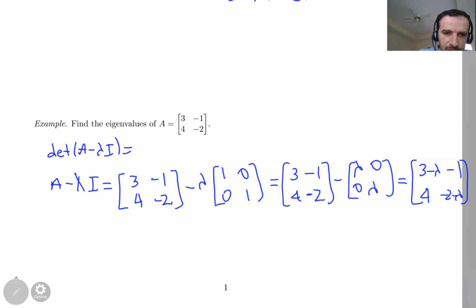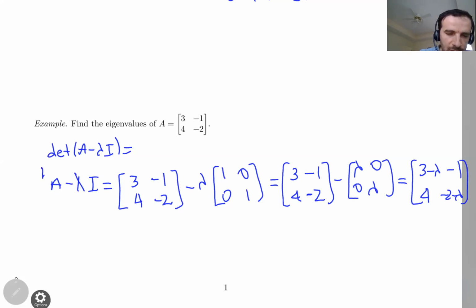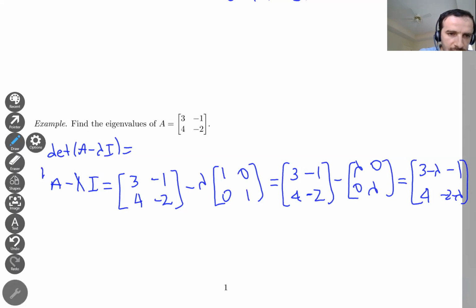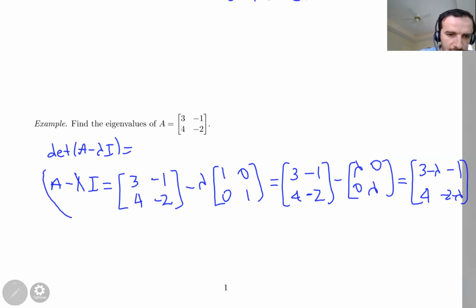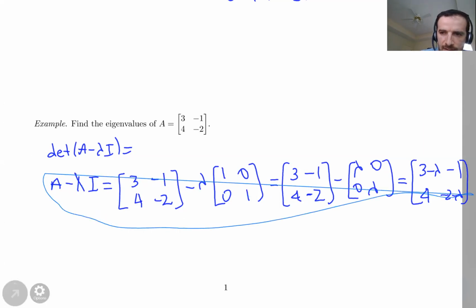So we get what? Oops, sorry. I'm trying to select this, and normally I should be able to do that by, yes.